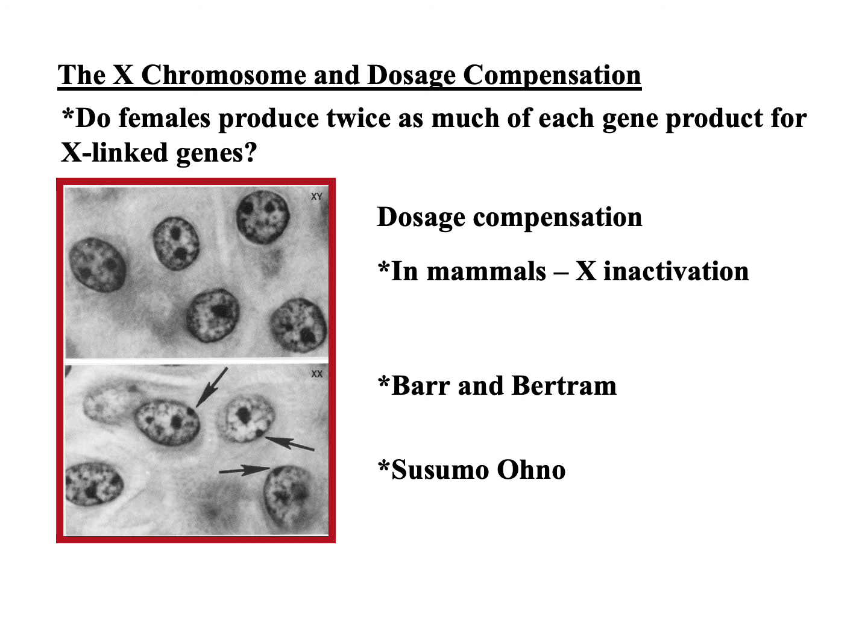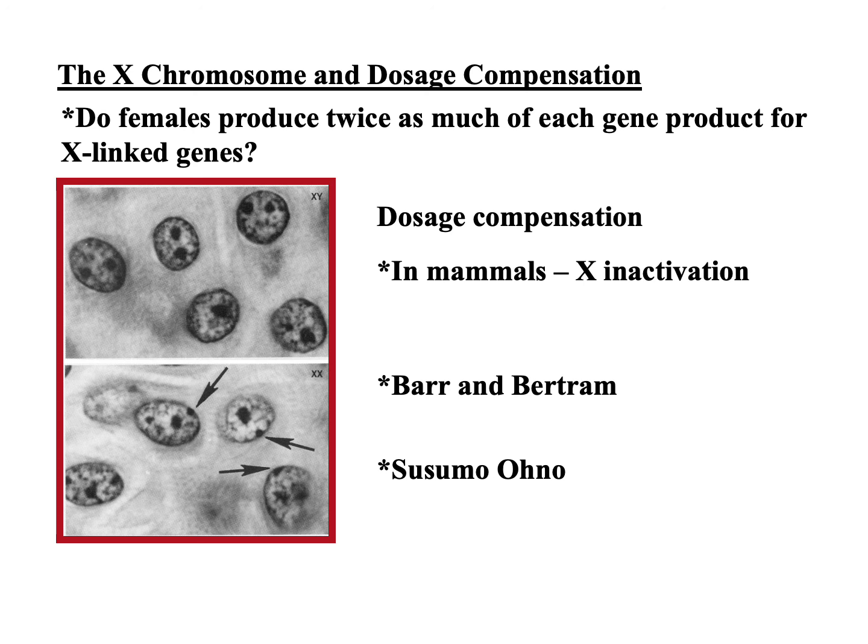Well, there were studies done by Barr and Bertram, and what they first noticed when looking at stained nuclei of female cells were things that they labeled as bodies in interphase. These bodies reacted with DNA-specific dyes and were then referred to as Barr bodies.